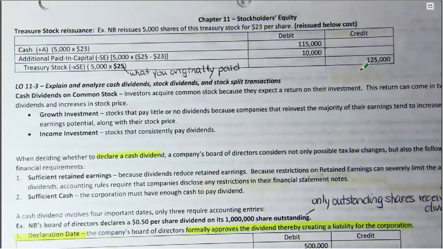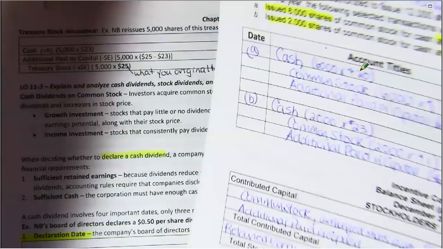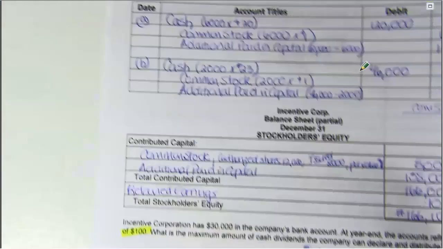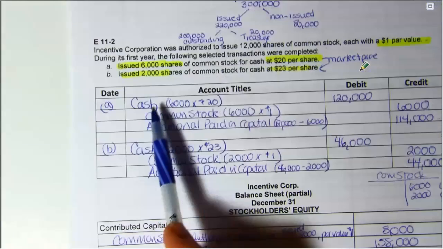Okay, now let's take a look at our worksheet. In this case, we are doing the same problem that is featured in the mini lecture. By the way, I wanted to mention, last time we did this problem, M11-3 and 11-2.